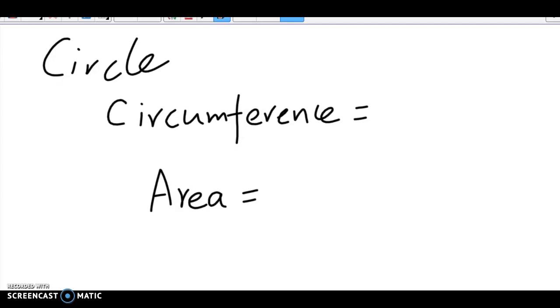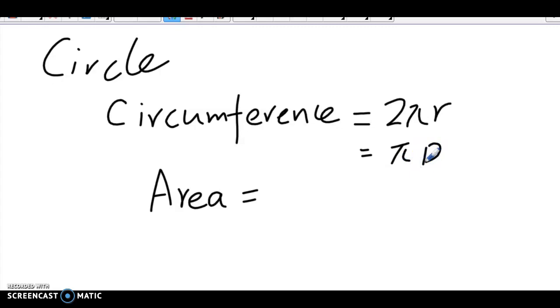One is 2 pi r. Pi, usually we can put 3.14, or you could leave it as a pi term. R represents the radius, and it's also equal to pi d, where d is the diameter.